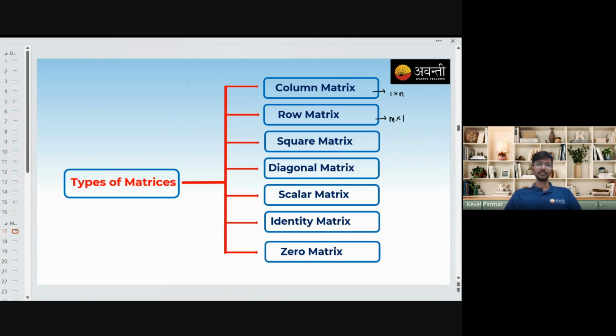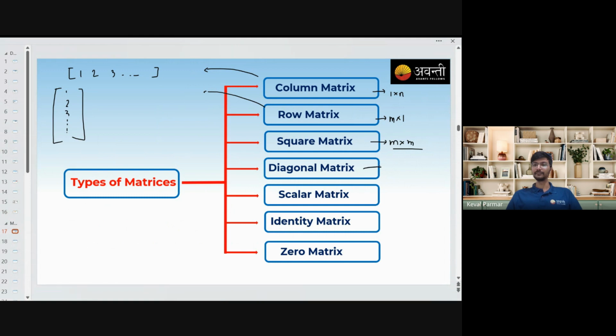That means the column matrix will look like 1, 2, 3, and so on. The row matrix will look like 1, 2, 3, and so on. Square matrix: here, number of rows equals number of columns.